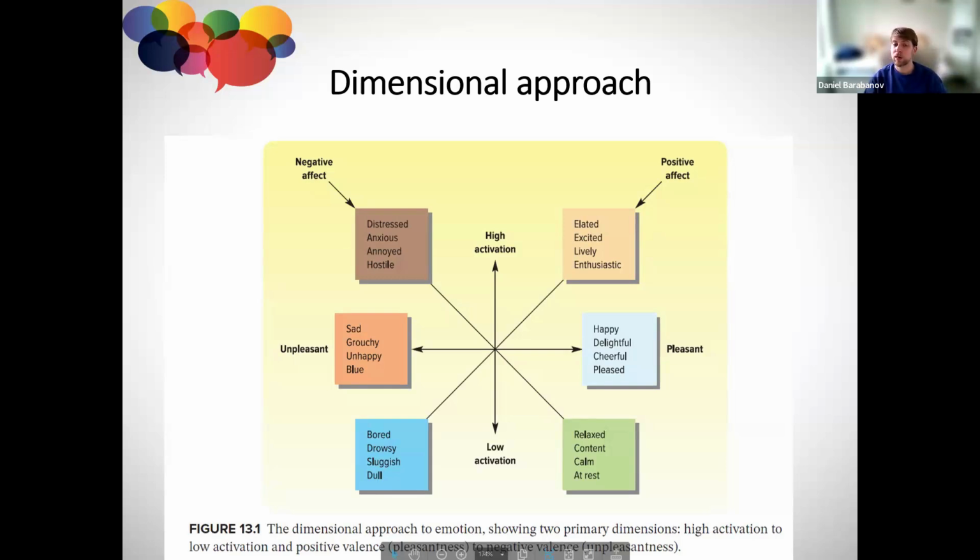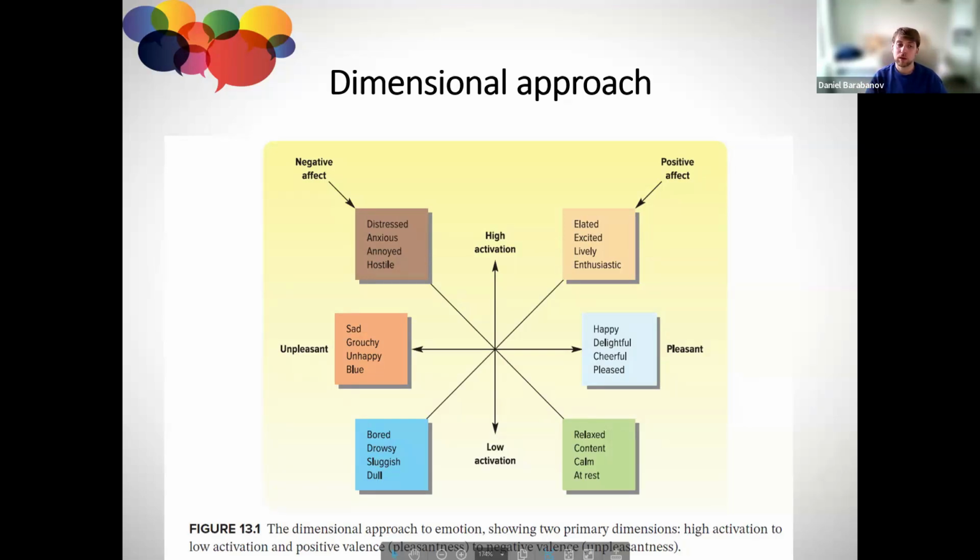So emotions, for example, high on activation and pleasant can be just excited. Being excited implies high activation and is a pleasant emotion. An emotion which is unpleasant and low on activation would be feeling bored, right? No energy, unpleasant.